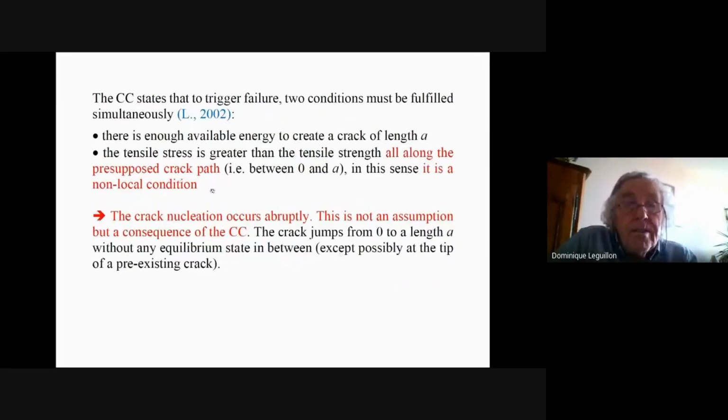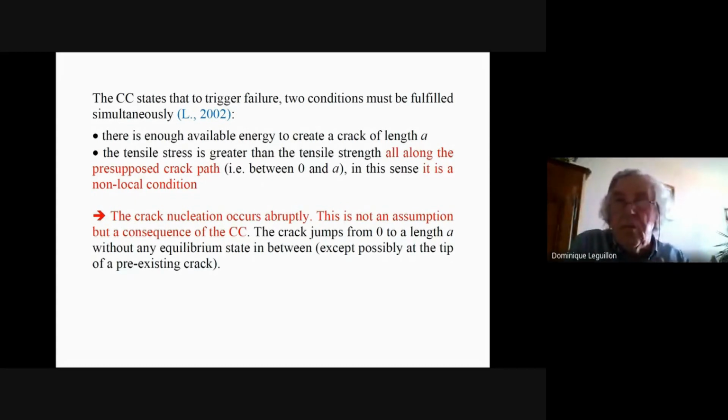And second, the tensile stress must be greater than the tensile strength all along the presupposed crack path. It means that before failure, along the crack path that is expected, with unknown length A, the tensile stress must be larger than the tensile strength in order to trigger a crack.